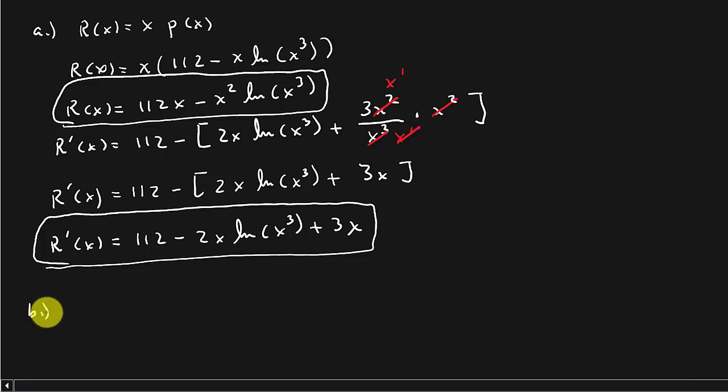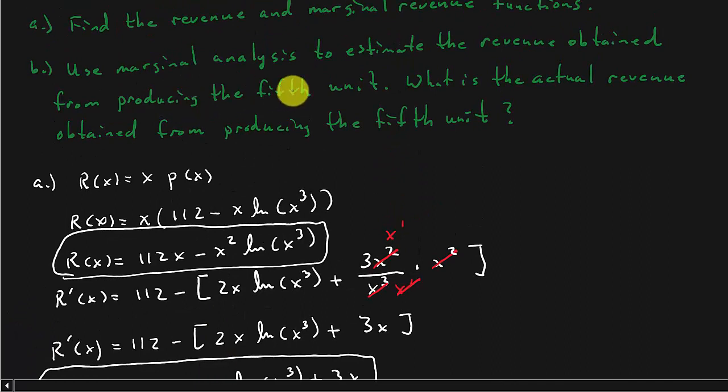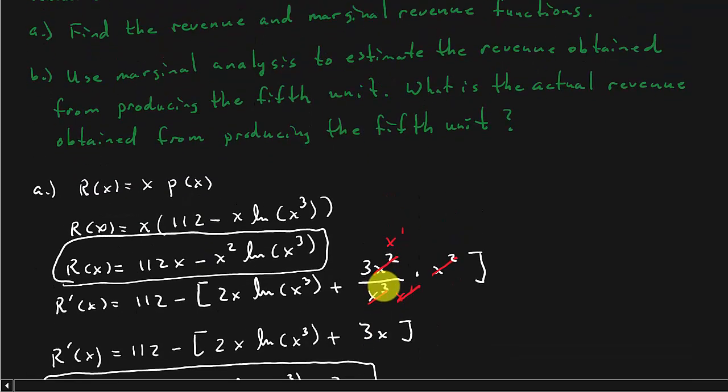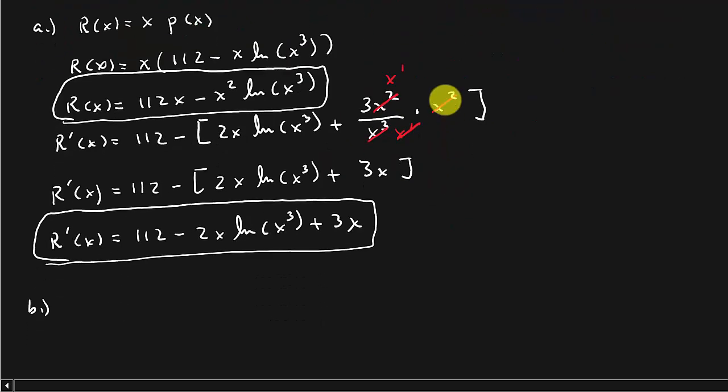Part B says use marginal analysis to estimate the revenue obtained from producing the 5th unit. What is the actual revenue obtained from producing the 5th unit? So this goes back to a previous lesson. We want to use marginal analysis to estimate the revenue obtained from producing the 5th unit.